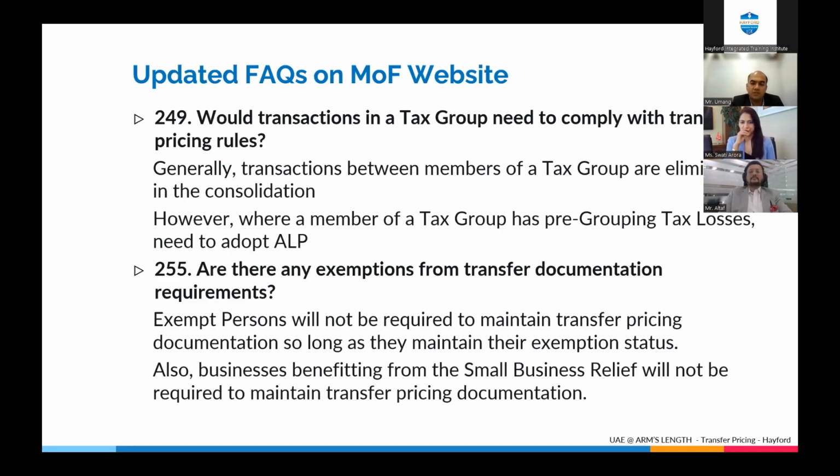Are there any exemptions with respect to the documentation? Exempt persons effectively are not required so long as they maintain their exemption status, and people benefiting from the SBR relief will not be required to maintain the documentation. But again, mind you, this does not mean that the regulations don't apply. Documentation is different and regulations are different, right? So the provisions or regulations definitely apply.